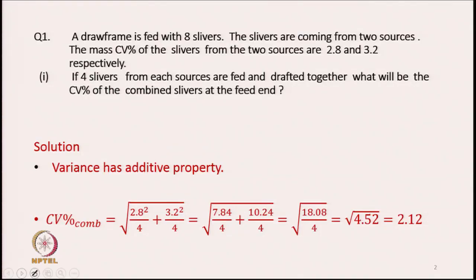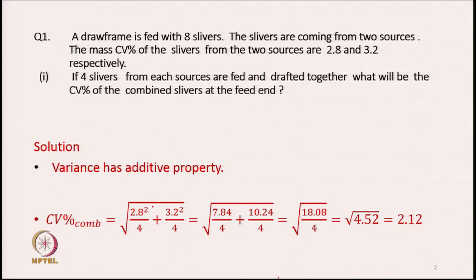If this is true, then the CV percentage of the combined sliver we can write as the square root of 2.8 squared by 4 plus 3.2 squared by 4. Why are this 2.8 and 3.2 coming? Because one source has CV 2.8, another source has 3.2.